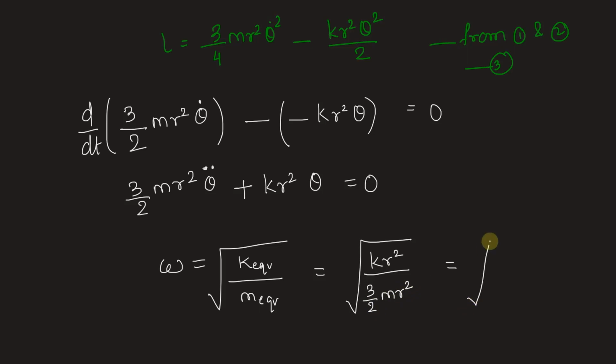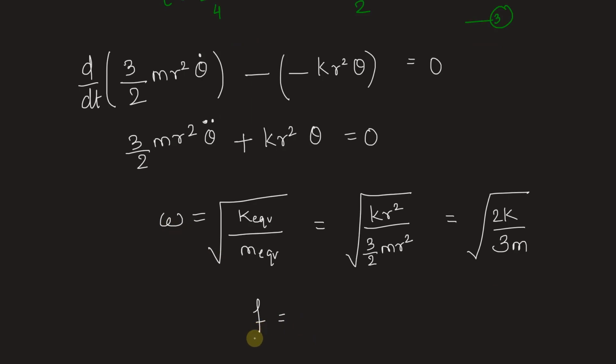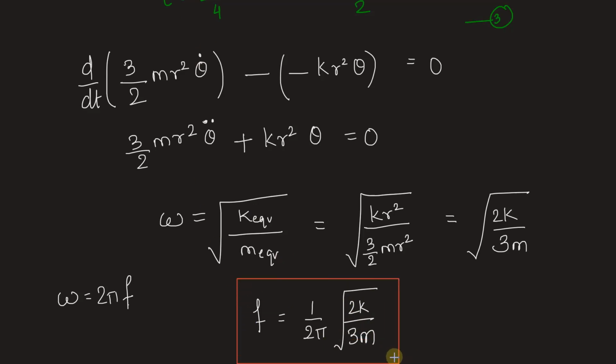So we finally get, root over, r square by r square gives us 1, 2k by 3m. This is the angular velocity, but we need to find the frequency in hertz. So f will be equal to, omega is nothing but 2 pi f, so f becomes omega by 2 pi. So we have 1 by 2 pi root over 2k by 3m. This is the natural frequency of the system in hertz.